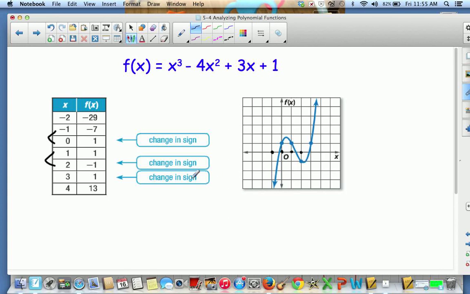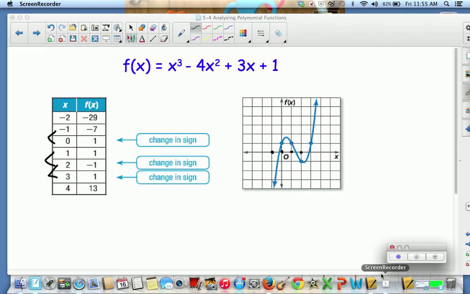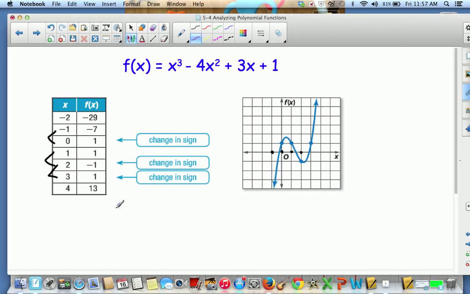And we have another change in the sign because we go from -1 to +1, so we have 3 zeros here. How we would write our answer, just how we said it, is in between.